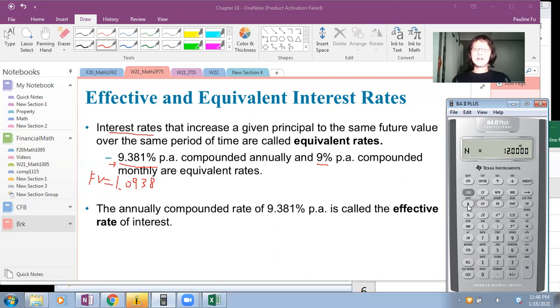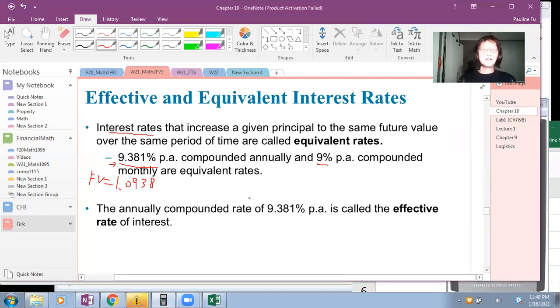And then 9 is IY, as given here. Compute FV. See, exactly the same number as we get here. That's why those two rates are equivalent rates. They give the same amount of future value based on the same principal. And this annually compounded rate is called the effective rate of interest.